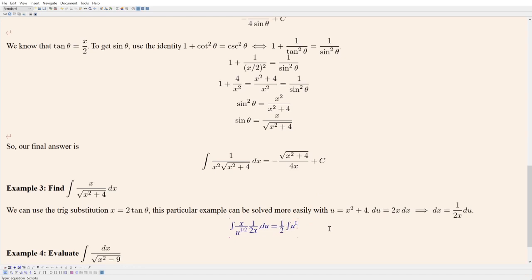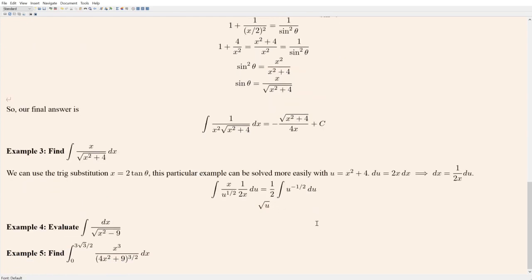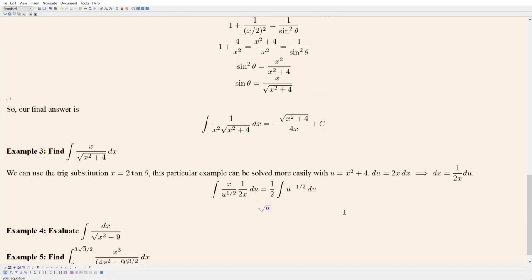So we have just an integral of u to the power minus 1/2, which we can now just hit with the power rule. So this becomes u to the positive 1/2 divided by 1/2, so that's the same as multiplying by 2. Yeah, that's all there is to it.